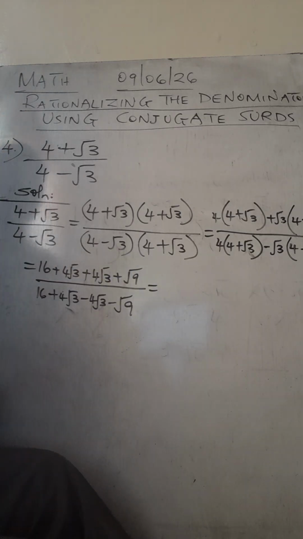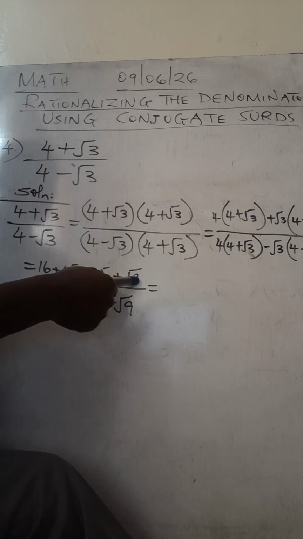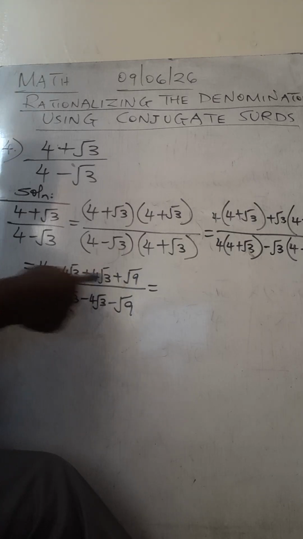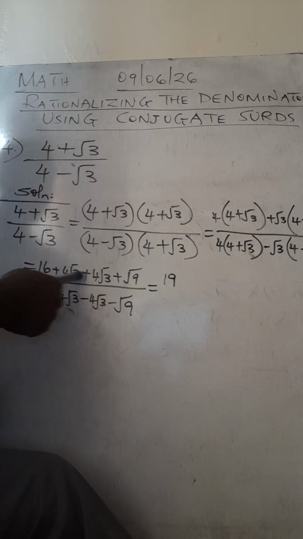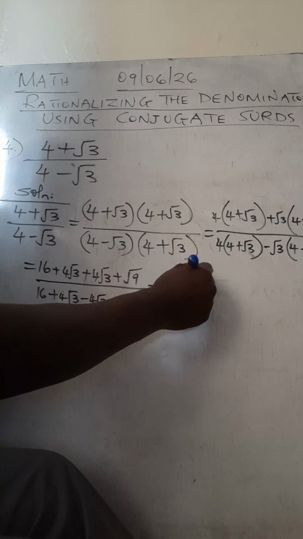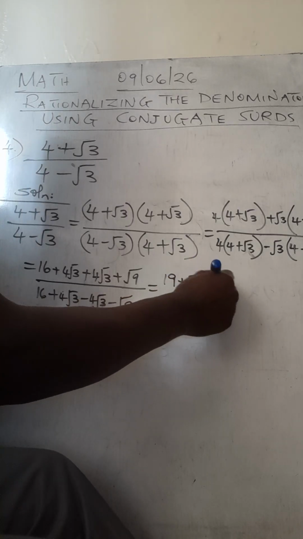So this is 16 plus square root of 9. Square root of 9 is 3. 3 plus 16 is 19. This plus this gives 8 root 3.